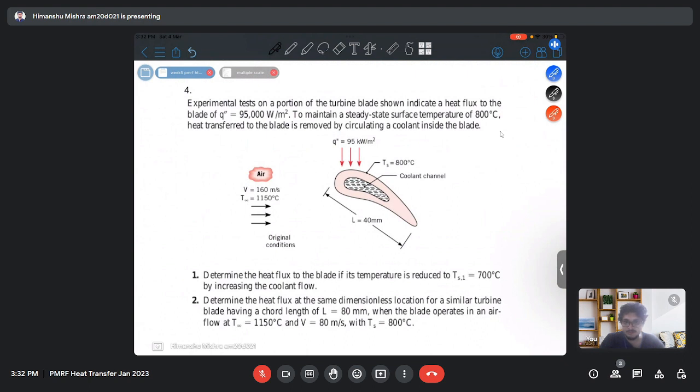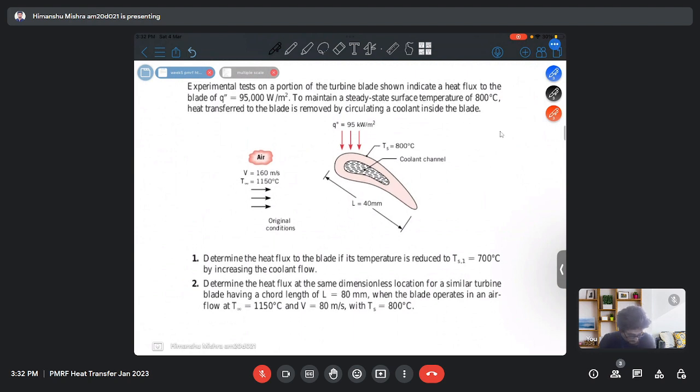Determine the heat flux to the blade if its temperature is reduced to 700 degrees Celsius by increasing the coolant flow. So we have been given the velocity and the temperature of the free stream, and the heat flux and the surface temperature of 800 degrees Celsius, and we need to find the heat flux when the surface temperature becomes 700 degrees Celsius.